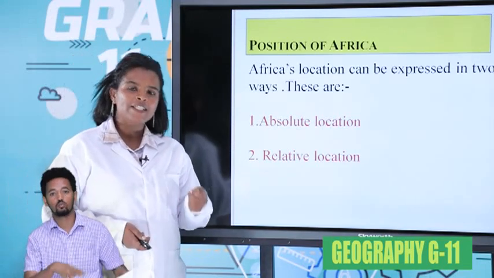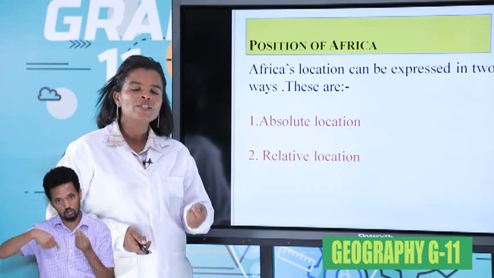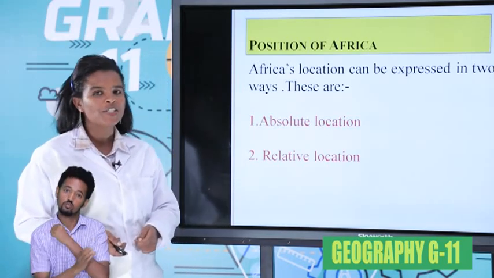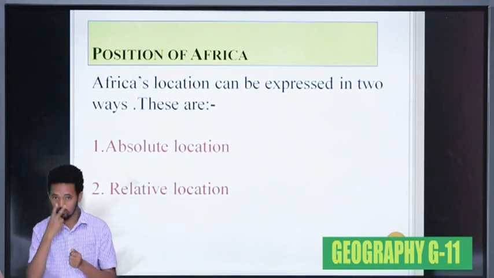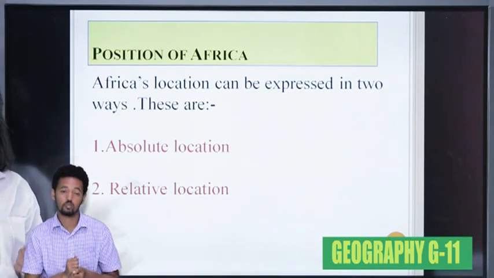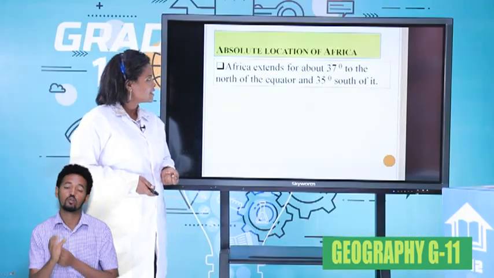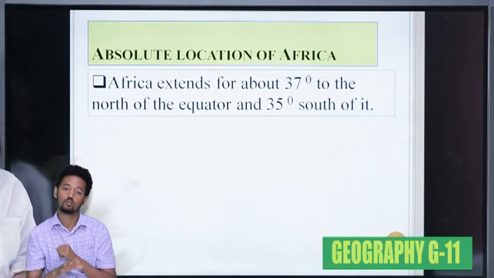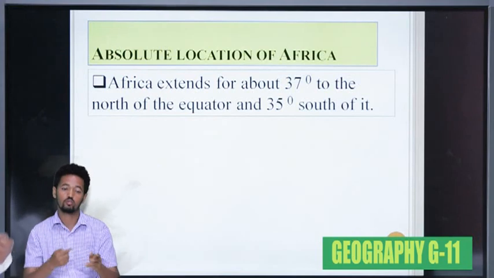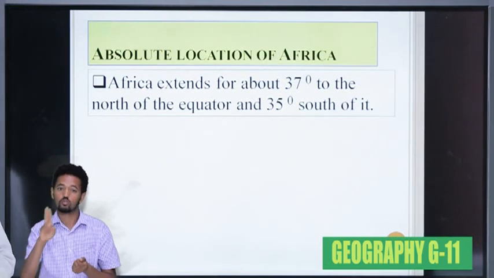Students, we have learned about absolute location and relative location in the lower grade. Today, we will discuss the absolute location of Africa. Absolute location shows the location of an area by using astronomical grid reference.